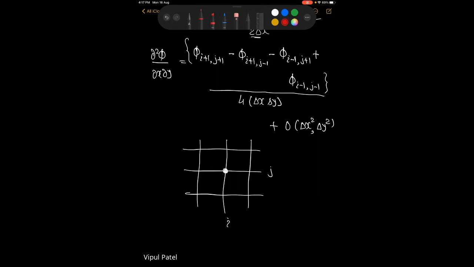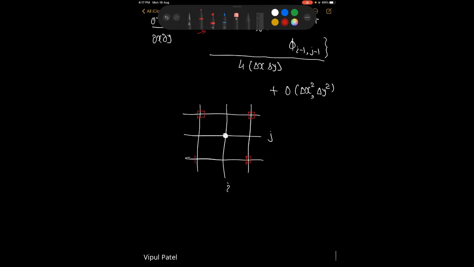Here if I see the position of the nodes, this is phi at I plus 1 j plus 1, which is this node. Then the other one is phi I plus 1 j minus 1, which is this one. Then you have phi I minus 1 j plus 1, which is this point, and then phi I minus 1 j minus 1, which is this point.